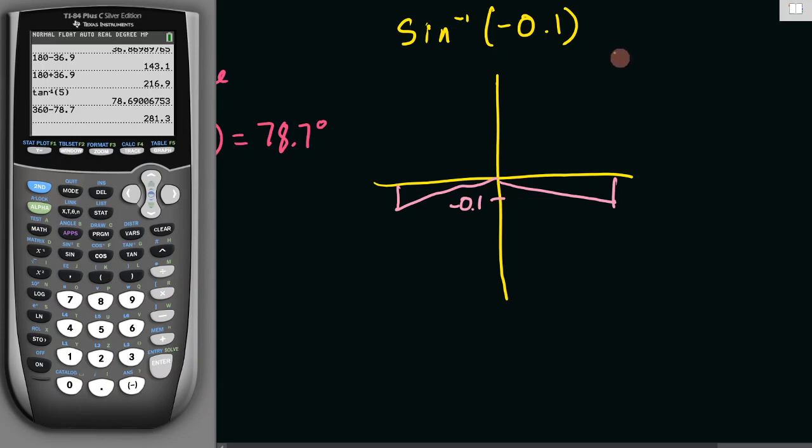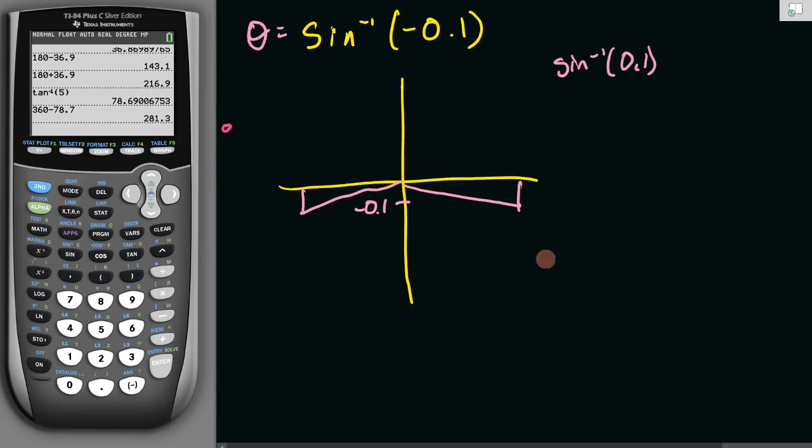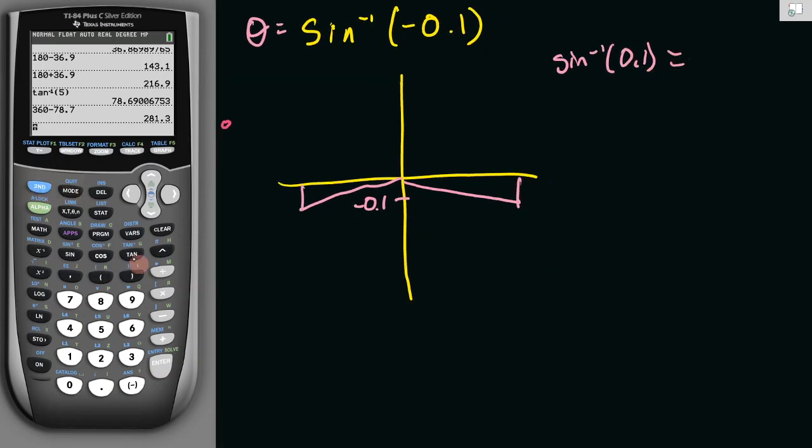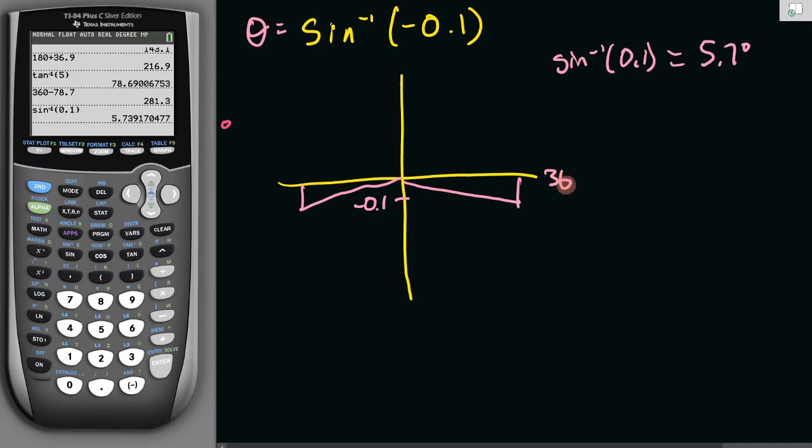So I'm going to do sine inverse of +0.1 to get my reference angle. So second sine of 0.1 gives me 5.7 degrees. So this is 360 degrees minus 5.7, which is 354.3.